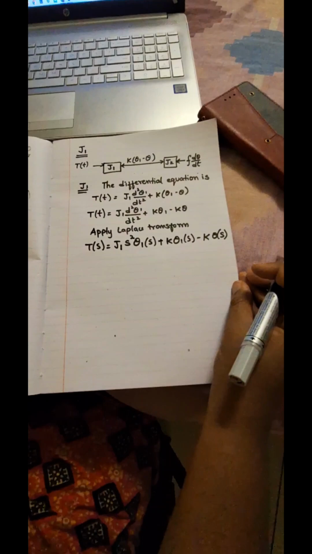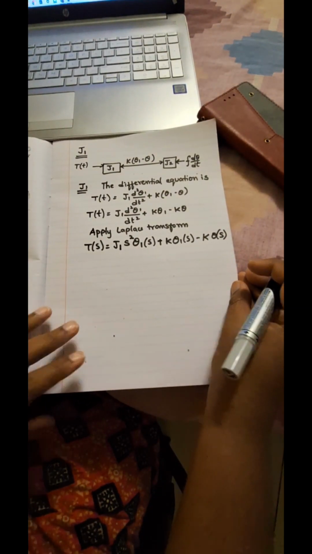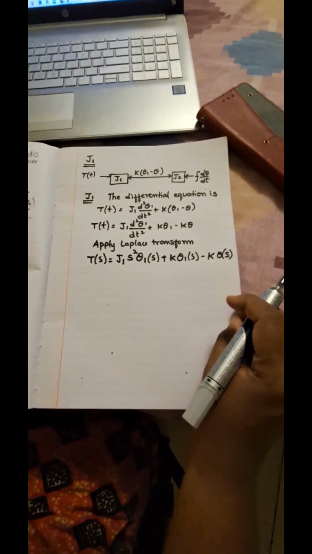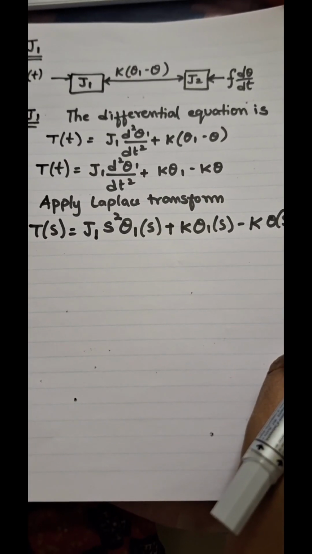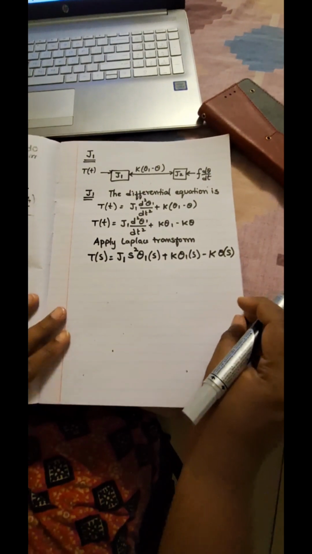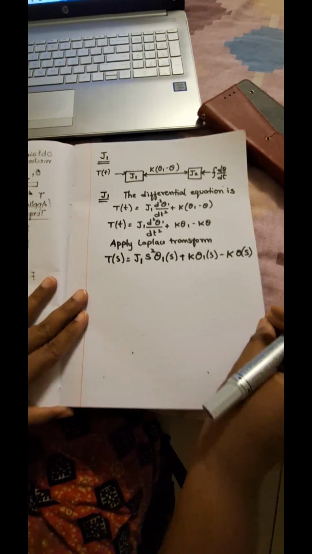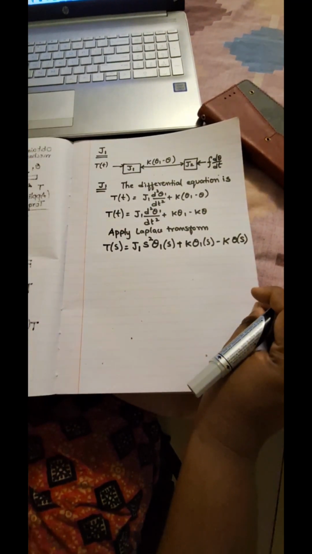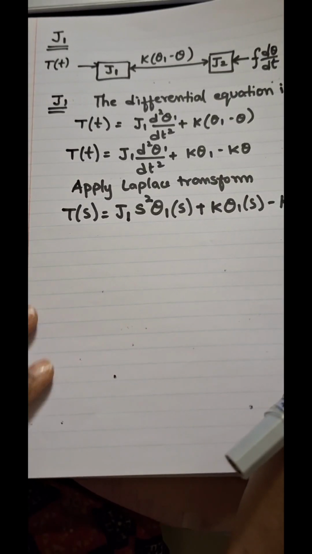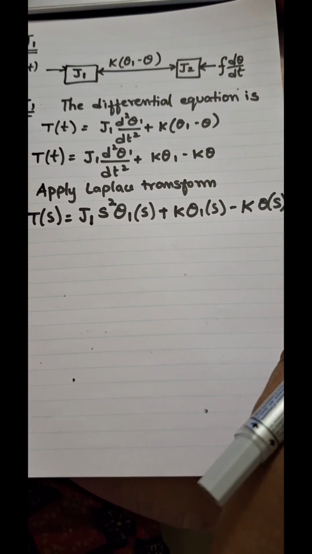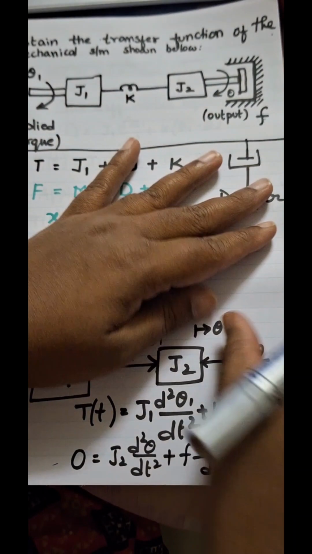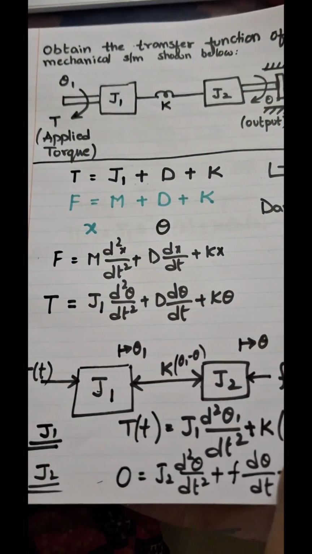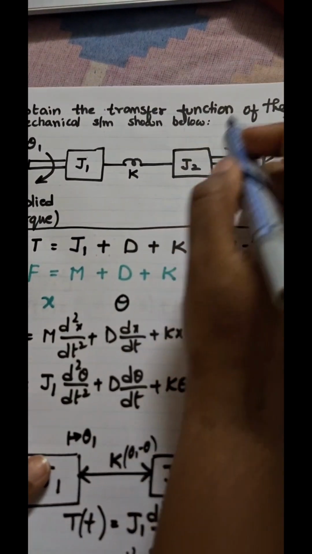So now we wrote for T of s, right? Just see the question first. The question is, obtain the transfer function of the system.